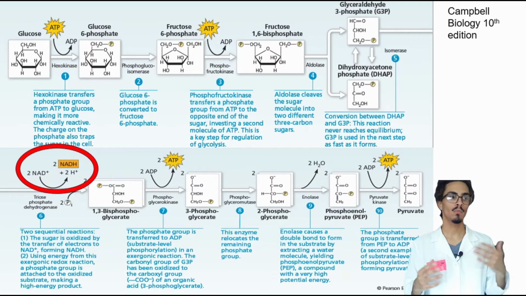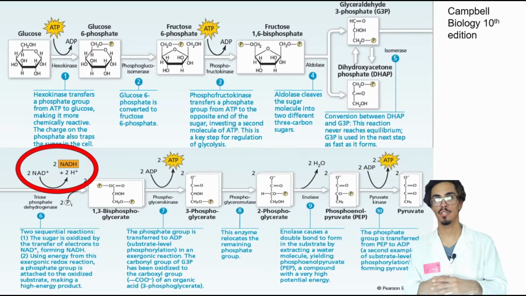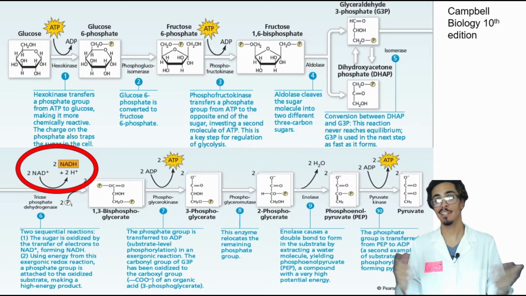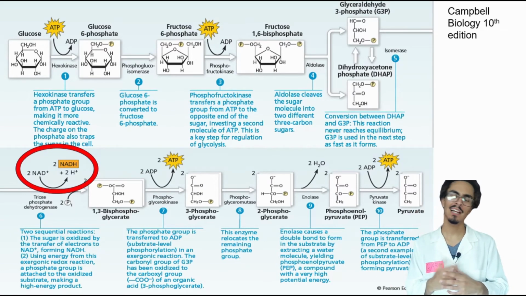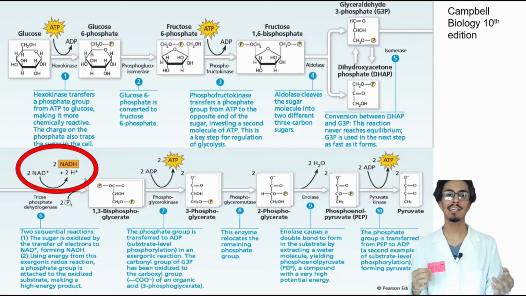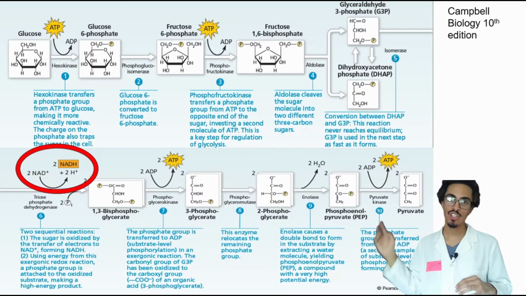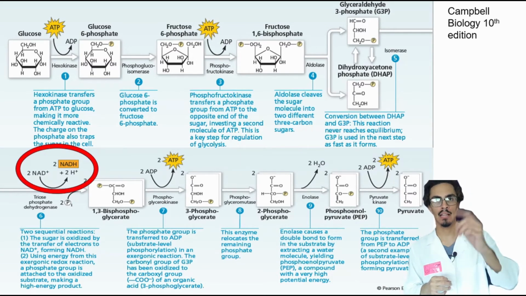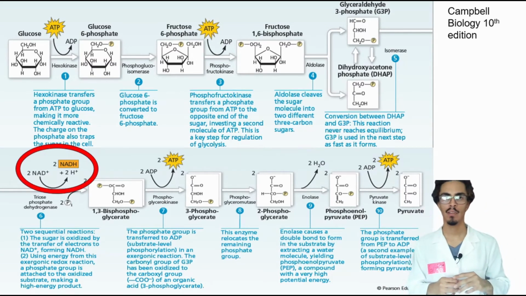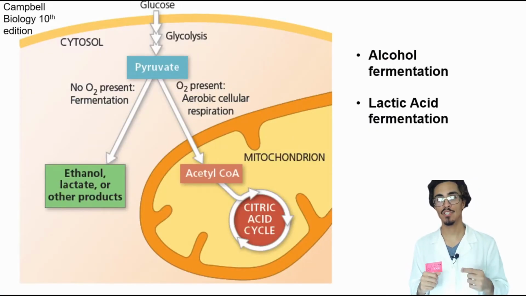So then, what happens when all of the NAD+ is gone? Well, no more oxidation occurs, glycolysis stops, and the cell then dies. Well, that's not really what happens, because we know that cells continue on living. The reality is that after glycolysis, cellular respiration will regenerate that NAD+, so that glycolysis can keep on going. But we're not talking about cellular respiration. We're talking about fermentation.